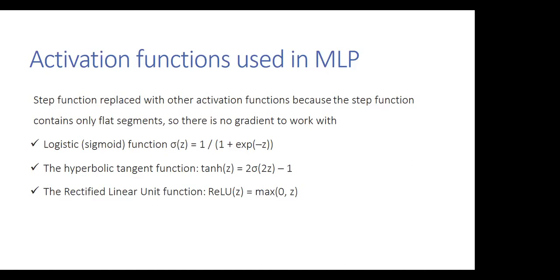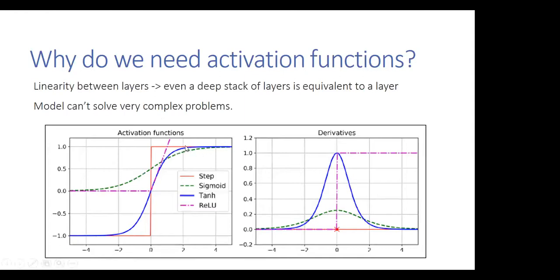And here we want to study the activation functions used in MLP. The step function here will be replaced with other activation functions because the step function contains only flat segments. As you can see here, the red one is the step function, and here are the derivatives of the step function.